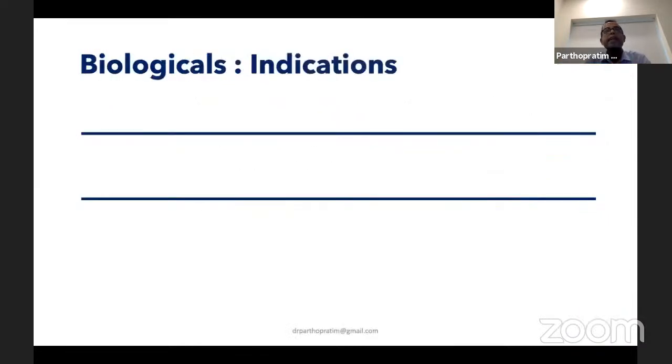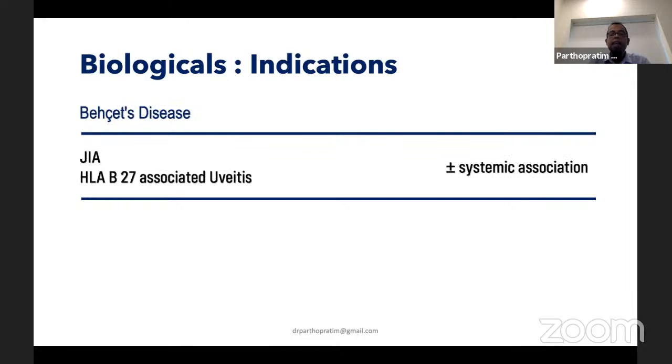Now, what are the indications when we should choose biologicals? The first is Behçet disease. The absolute indication for use is Behçet disease. The second is cases of JIA and HLA-B27. These are tricky situations where only on the basis of ocular involvement, one should not use biologicals, especially in a country like ours.